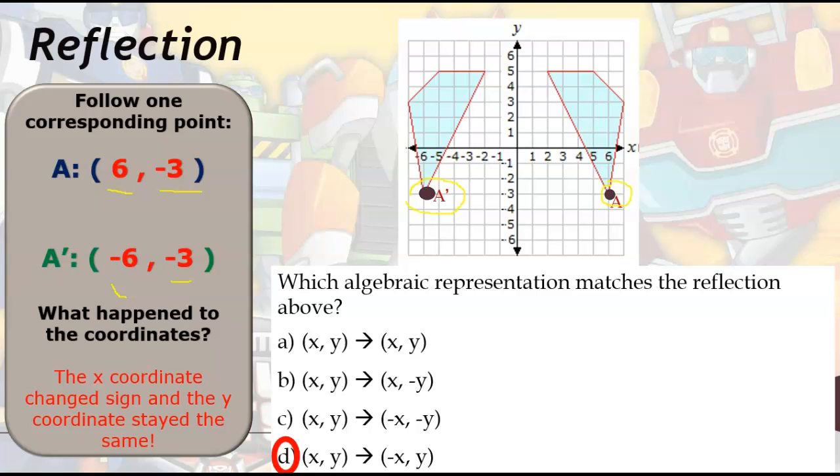So what happened to our coordinates? We'll see that the x coordinate changed signs. So our rule here is (x, y) transforms to (-x, y). Basically, when you have an image that is reflected across the y-axis, the x coordinate changes signs.